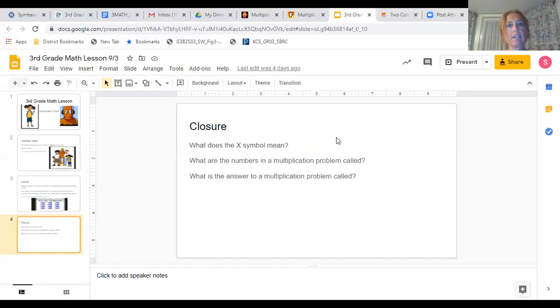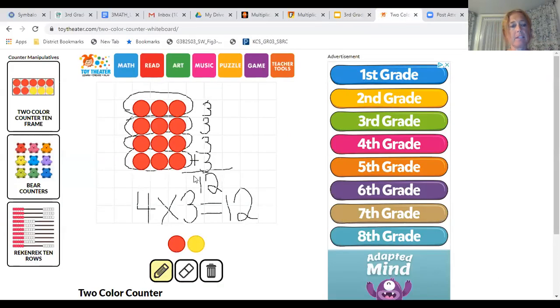Okay, so let's see. These numbers right here, they are called factors, okay? And remember, these numbers in an addition problem are called addends. The answer in an addition problem is the sum, and the answer in a multiplication problem is the product.